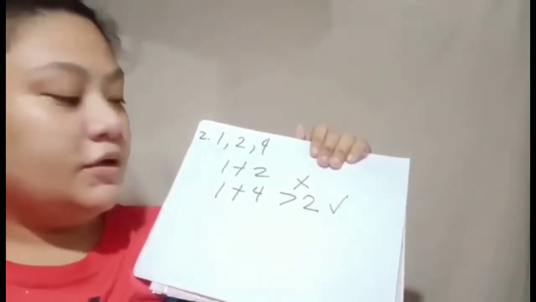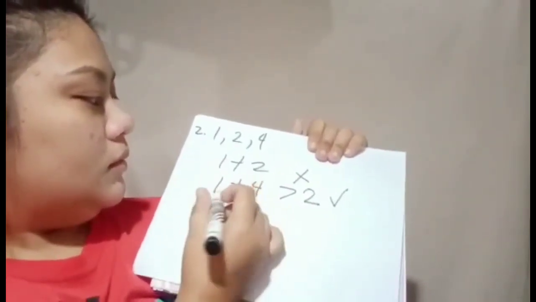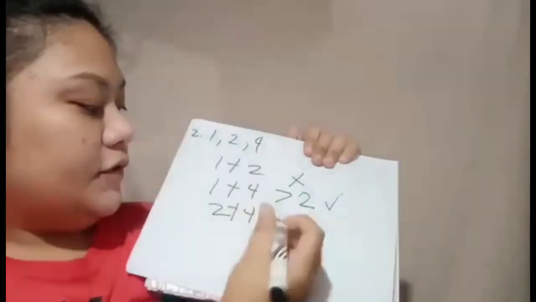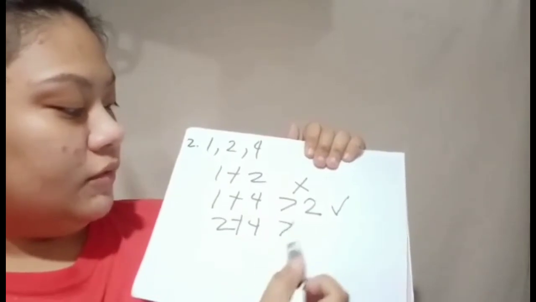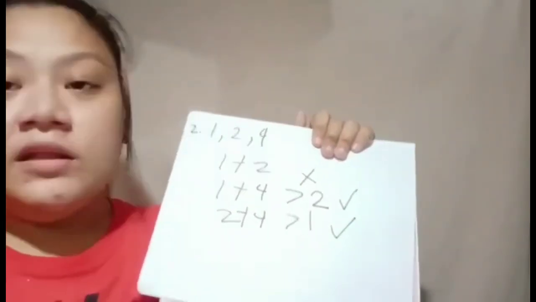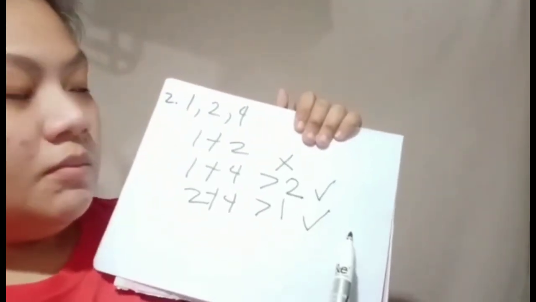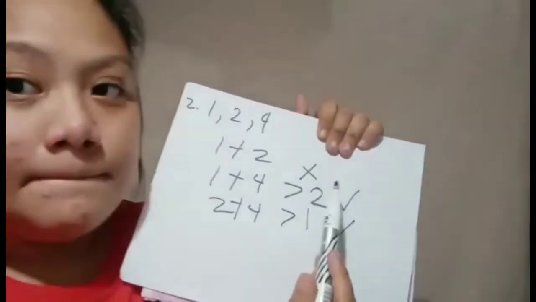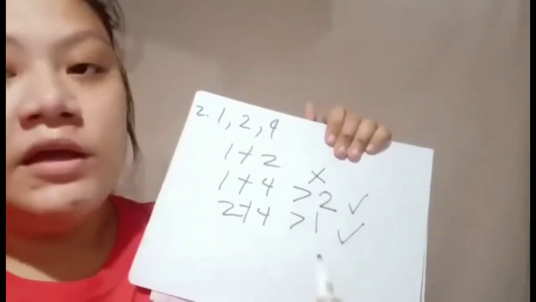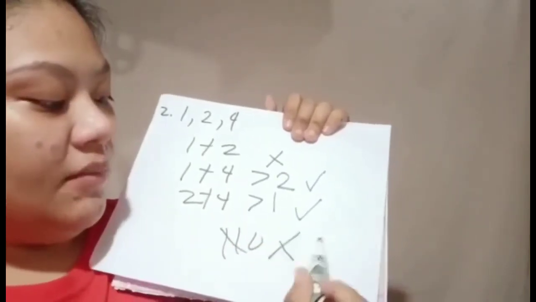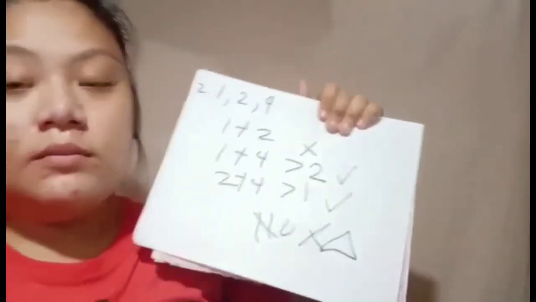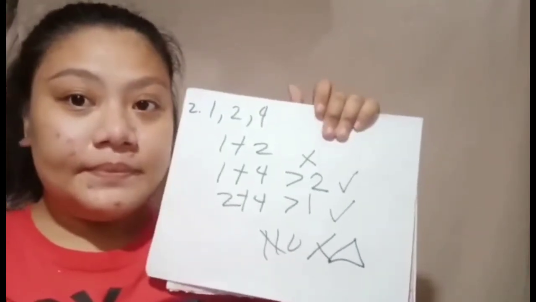So, tama yung number 2. 2 plus 4 is 6 greater than 1. Kahit na tama itong dalawang to, basta may mali sa isang statement ay no, hindi na makakabuo ng triangle. Hindi ka makakabuo ng triangle sa number na ito.